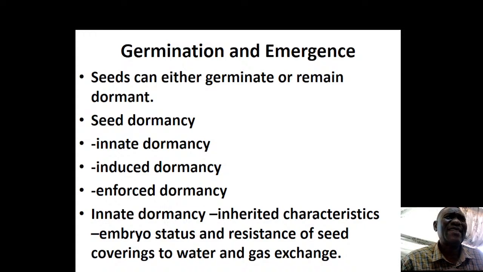But I may mention now that innate dormancy is actually inherited. These are embryo status and the resistance of seed coverings to water and gas exchange.